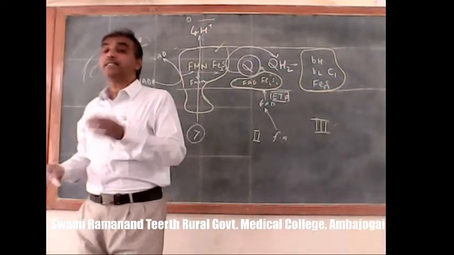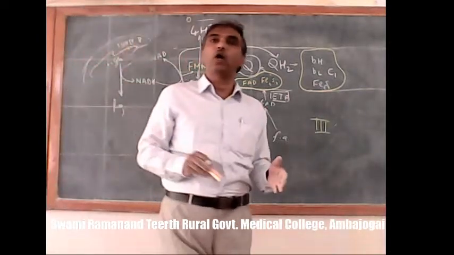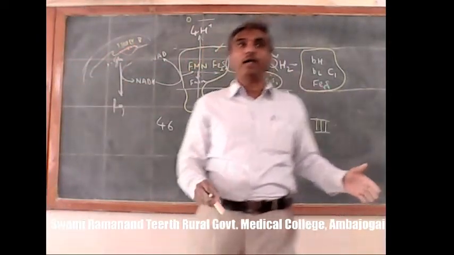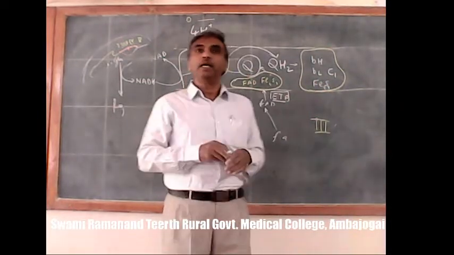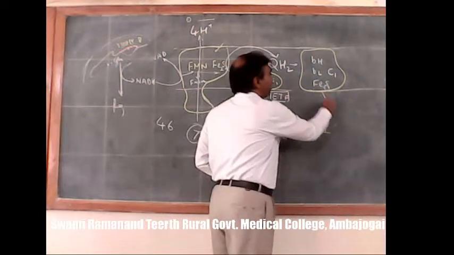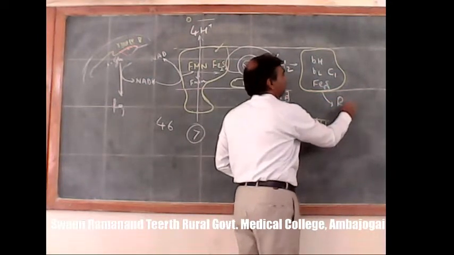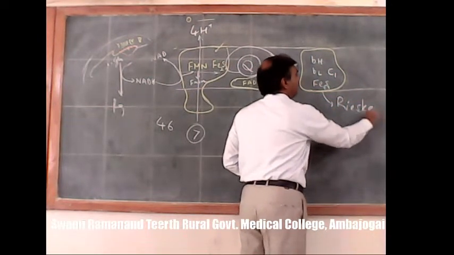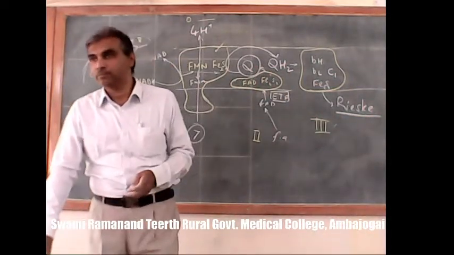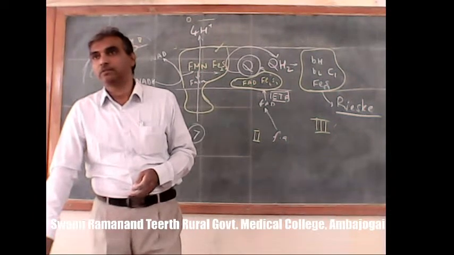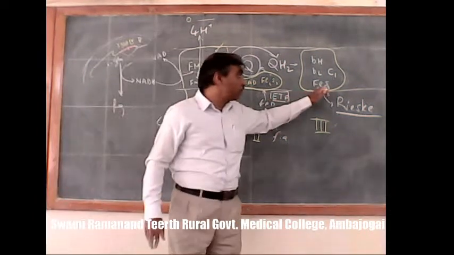Now, the iron sulfur center present in complex 1 and 2 and the one in complex 3 are slightly different. In complex 3, the iron sulfur center is called the iron sulfur center of Rieske, or Rieske. What is the difference?